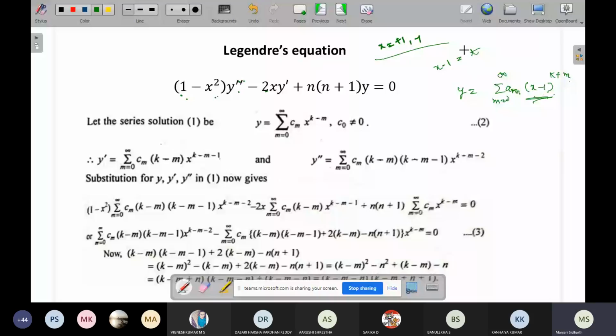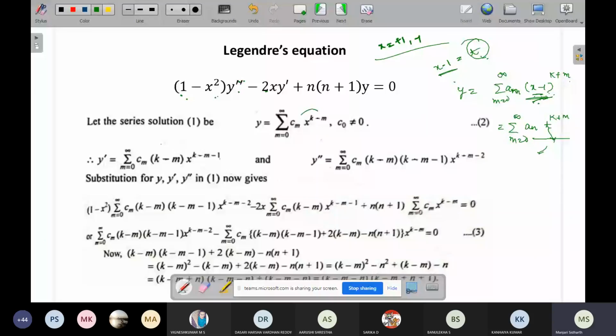If it is a series solution around x equals 1, by assuming t, it is around 0, so in place of this you can write t power k plus m. Once we get the solution, we'll simply replace t by x minus 1, because around the origin, or around 0, it is much simpler.